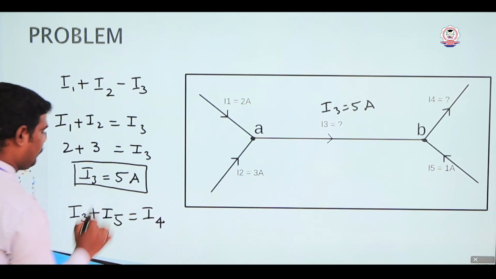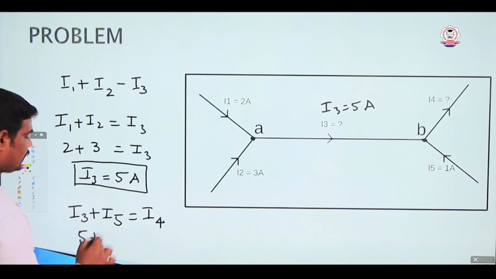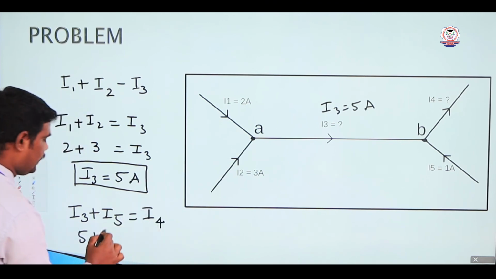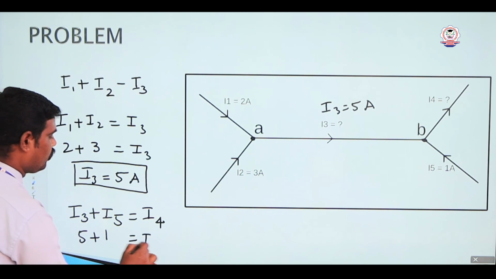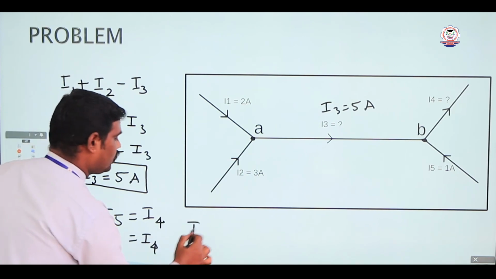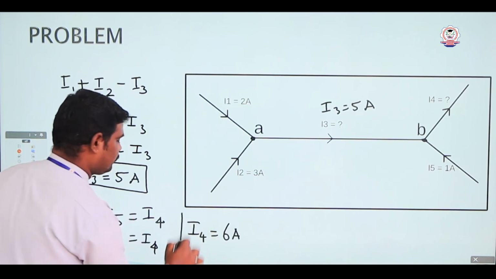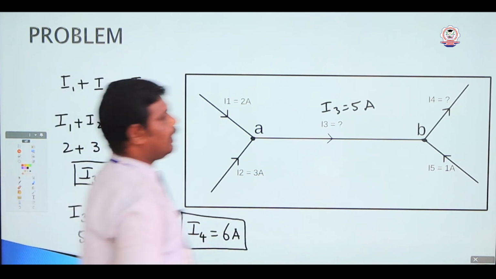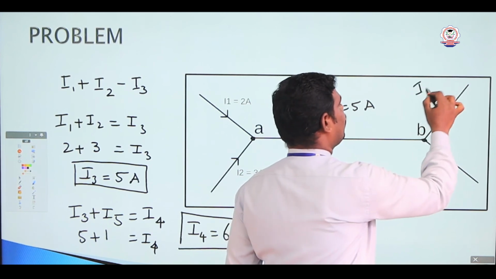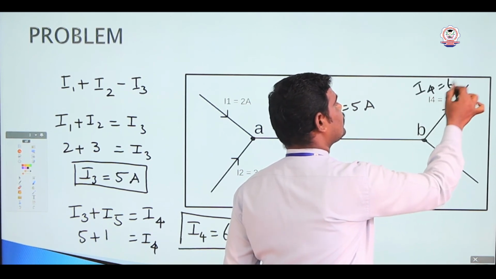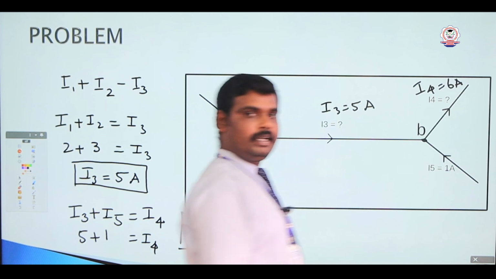I3 is equal to 5 ampere plus I5 is equal to 1 ampere equal to I4. So I4 is equal to 6 ampere. So here the I4 value, I4 is equal to 6 ampere, right.